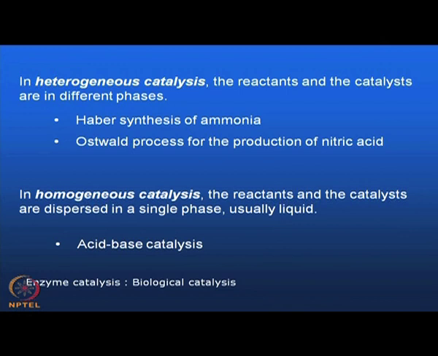They form a complex, called the enzyme substrate complex, with the substrate, and this complex proceeds in the forward direction, giving rise to the product, and then the enzyme is retained back. So, it is a typical biological catalysis. This part will be taken up in an appropriate lecture.